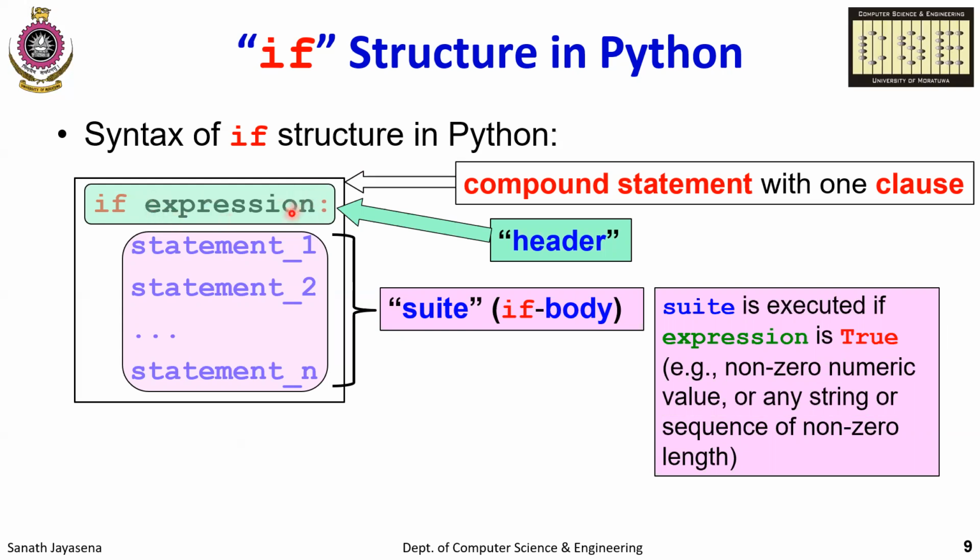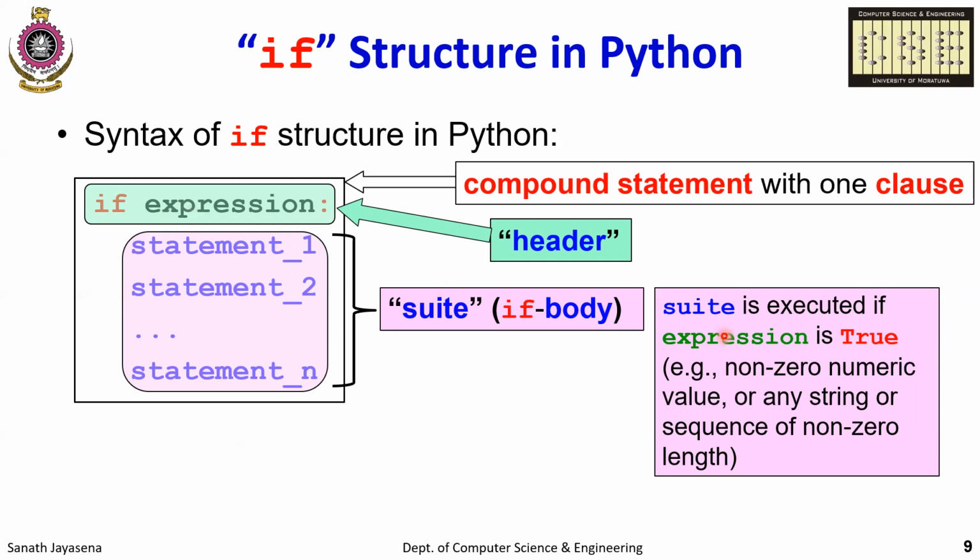Well, yes, for the Boolean true value this is correct, but it need not be exactly the Boolean value itself. It can be anything else that can be interpreted or evaluated as true.